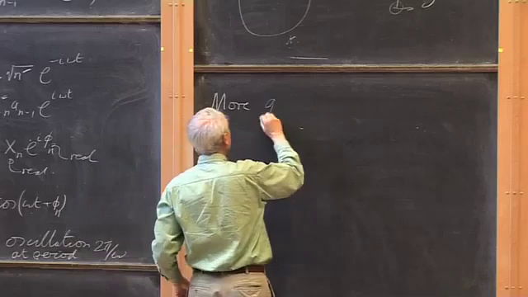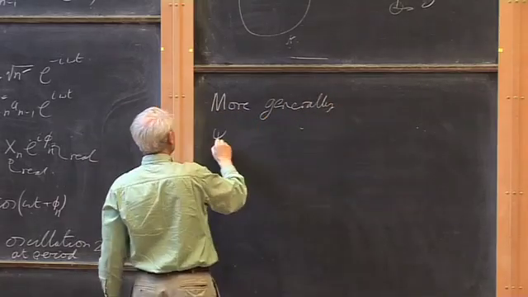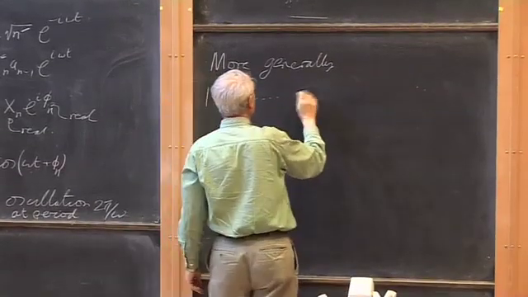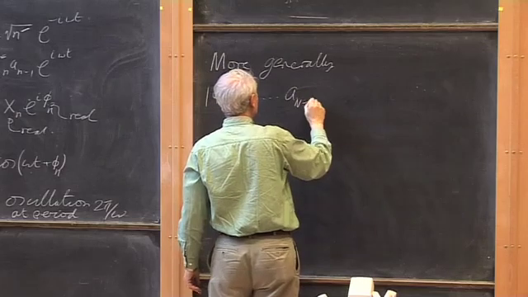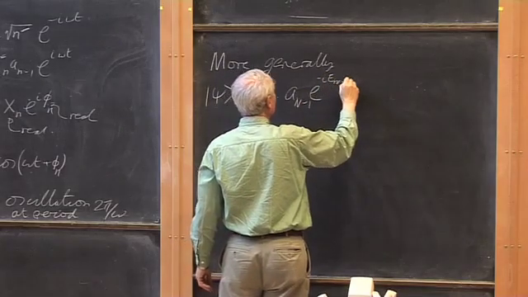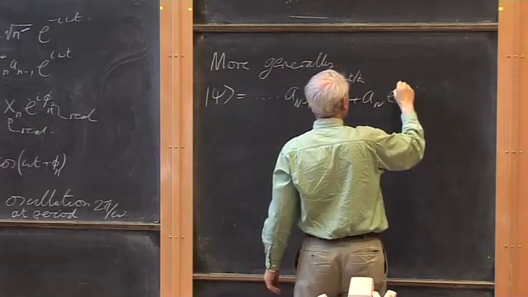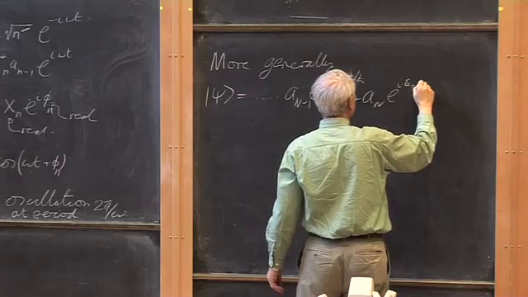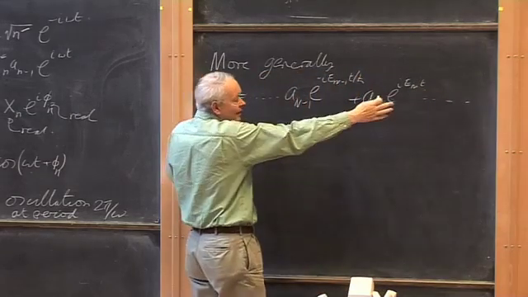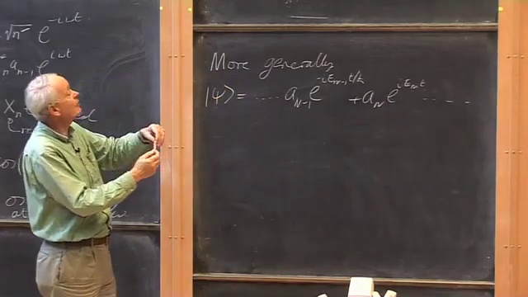So more generally, we're going to have that psi is equal to a sum with many terms, and let's just write down a few of these terms: a_(n-1) e to the minus i E_(n-1) t on h bar plus a_n e to the minus i E_n t on h bar, etc. So there will be many of these coefficients, but if we know pretty much what the energy of the oscillator is, right?